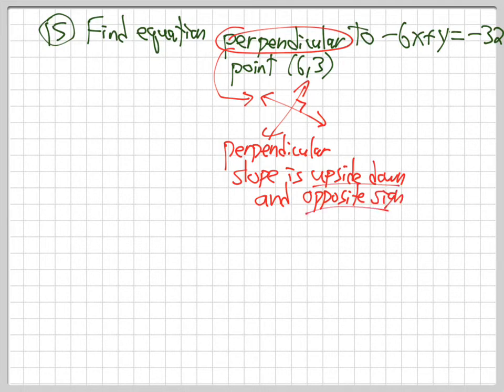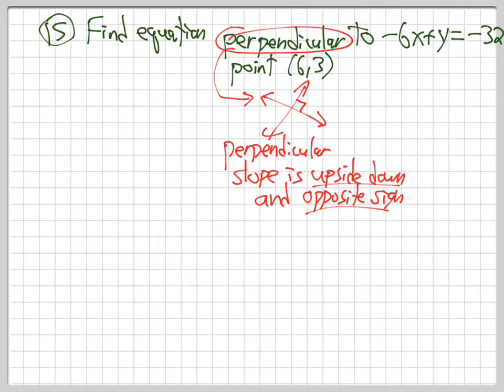Upside down and opposite sign. So everything's opposite about it because the line is going in the opposite direction. So you flip the fraction and you change the sign in the front. If it was negative, you make it positive. If it was positive, you make it negative. Flip it and change the sign in the front. So that's what you have to do on this problem.